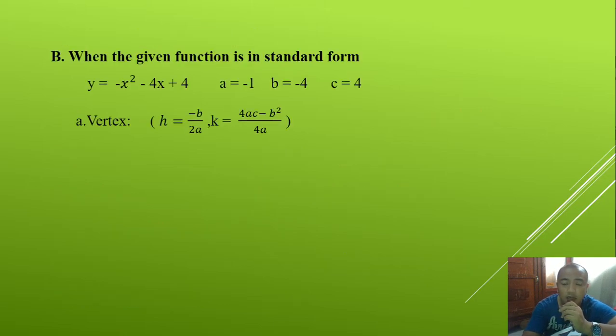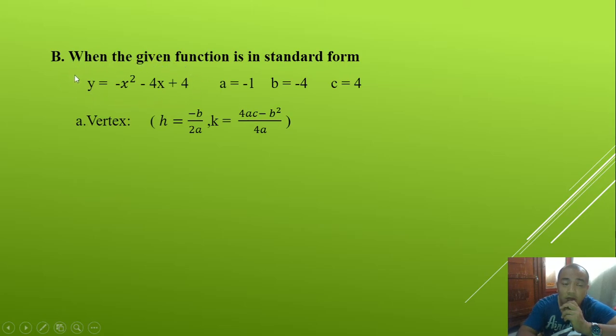Okay. Now, let us describe the properties of a given quadratic function when the given function is in standard form. Okay. What is a standard form? Example, y is equal to negative x squared minus 4x plus 4. Okay, how can we determine the vertex, domain, range, opening, and the axis of symmetry when the given function is in standard form?